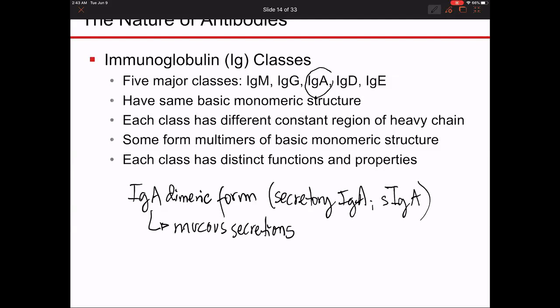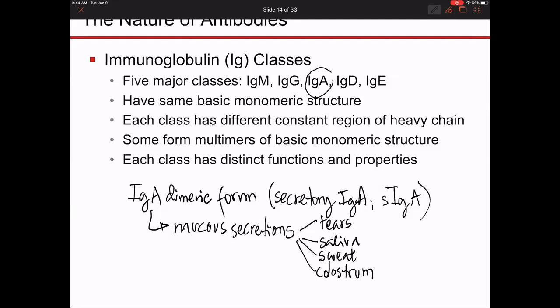You can find this immunoglobulin, for example, in tears, saliva, sweat, colostrum, and also in secretions of the genitourinary tract, gastrointestinal tract, prostate, respiratory epithelium.